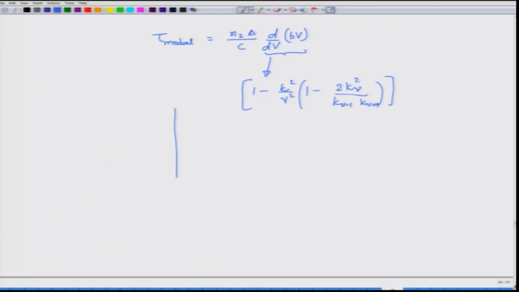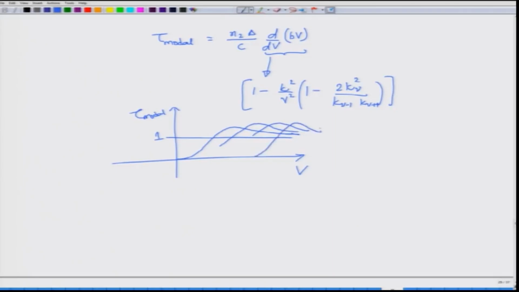And if you actually plot this tau modal as Gloge has plotted in his paper, with respect to V, you will see that for the 0 1 mode you will see something like this. The normalized modal delay will be 1, and most of the modes asymptotically reach this 1, but different modes behave differently. For example, the 1 1 mode would look something like this, then you have a 2 1 mode which goes something like this, then a 0 2 mode which goes something like this.